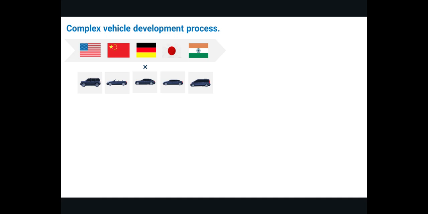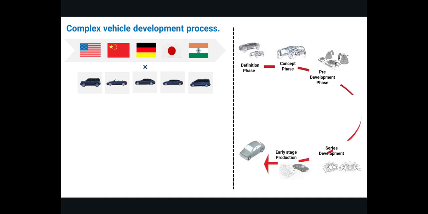There are about 20 models for worldwide, including SUVs, sedans, and sports cars. Each model will be remodeled in 5 or 6 years. At the time of remodeling, development is divided into various phases from the concept phase to pre-mass production phase.